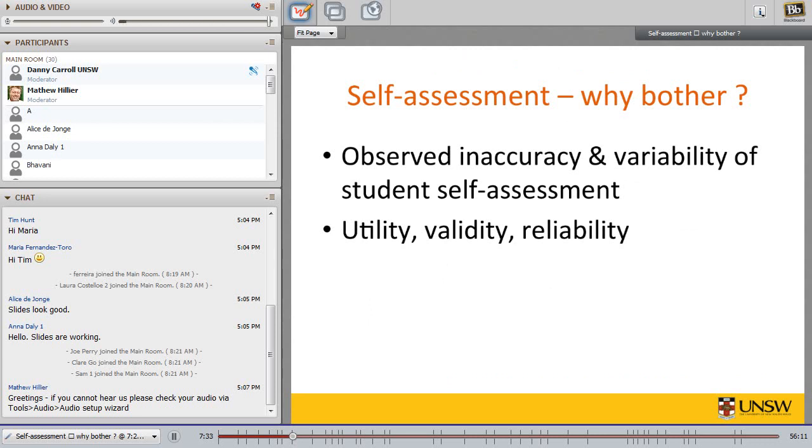So in terms of the big picture with self-assessment, a lot of people have really, I guess, dissed or dismissed the point of doing self-assessment because of the long-term observations of the relative inaccuracy of students and their tendency to overestimate, and all the psychological confounds that encourage over-assessment, for example. However, the contrary argument is that the practice of self-assessment has a great deal of utility in that it's a way for students, if they can develop reasonable reliability, to get quick feedback that they can use on the go.